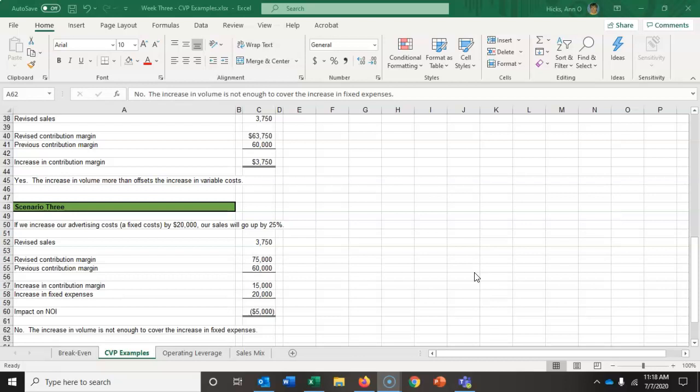The other thing to note is I could have just gone in and prepared a new income statement with the new criteria and come up with a new bottom line. But we don't have to. If we understand the behavior of our various costs and we understand our contribution margin per unit, we can determine the impact of these changes without going through and preparing an entirely new income statement. Merely all we need to do is look at the changes.